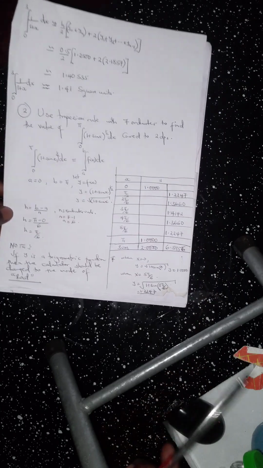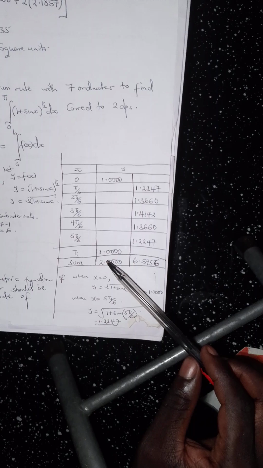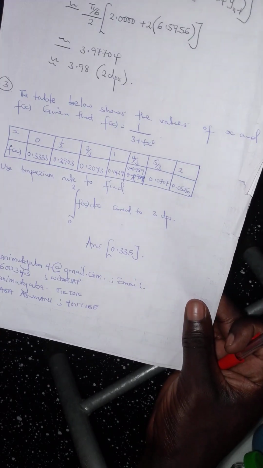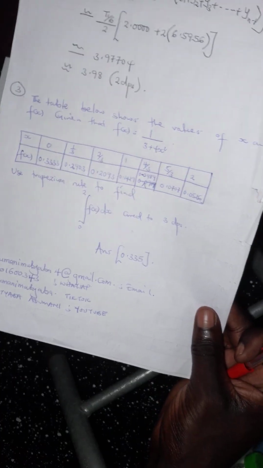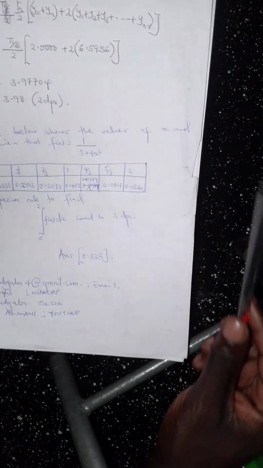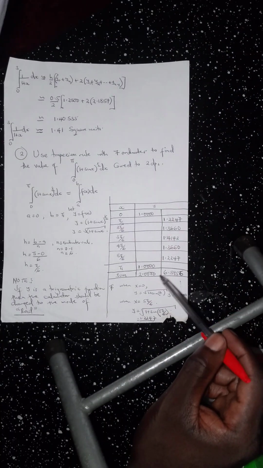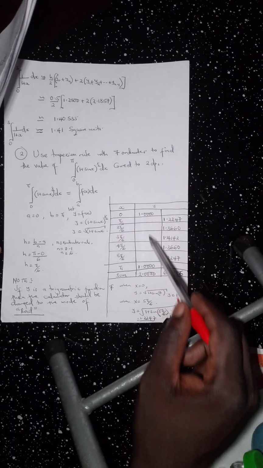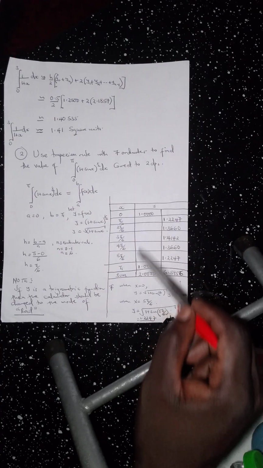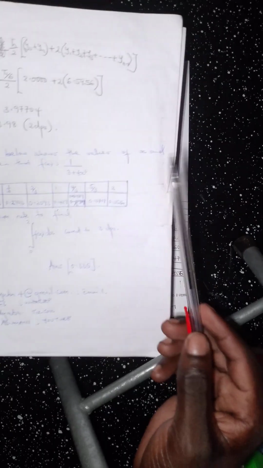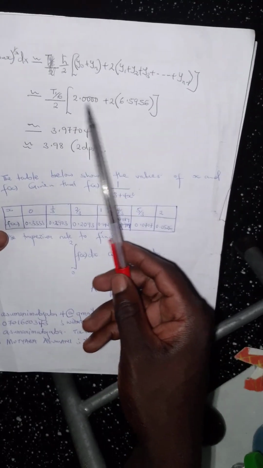So if you do all that, you will have obtained this and that, which are very crucial when getting the values of the integral. So y naught plus yn, they are the sums of the first column of the y values, which is this, and it is 2.00.